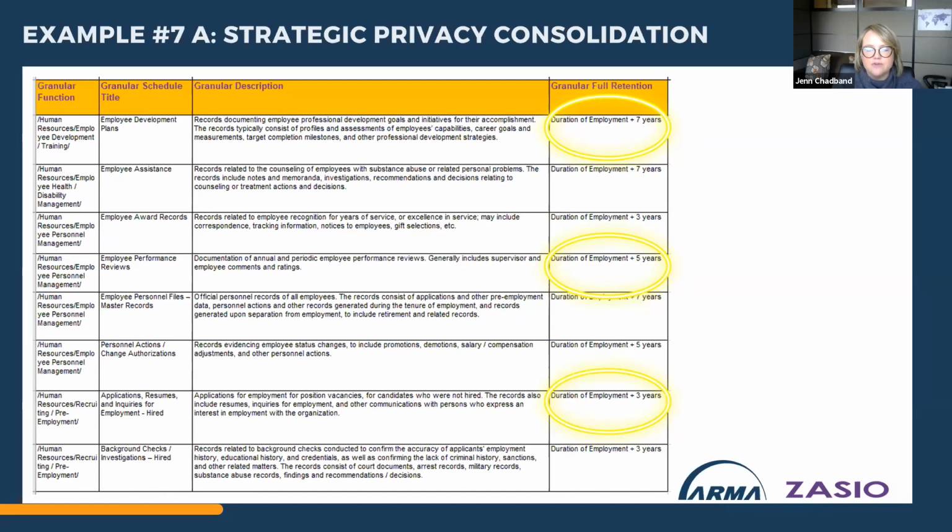These are all unique considerations, but I think we can all agree that to whatever extent possible and reasonable, you would want to separate out processes that can be retained for a shorter period of time versus those that can be retained for a longer period of time. Okay. All right, so let's take a look at what happens here.